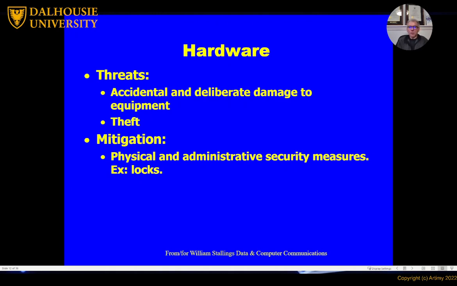So usually mitigations to protect the hardware are to put it behind locked doors, right? Or build security fences around it, or sometimes just monitor it with security cameras, right? So you can mitigate some of the effect.